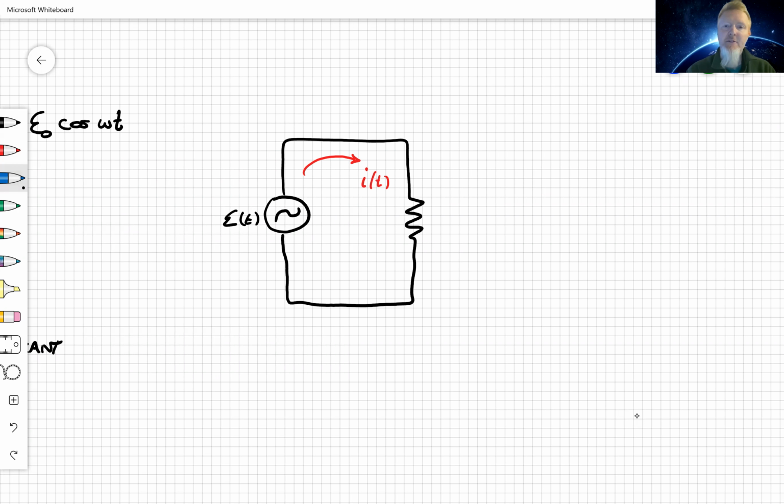If I were to connect a voltmeter across this resistor, I would read a delta V_R. There's an instantaneous voltage that's changing across the resistor.